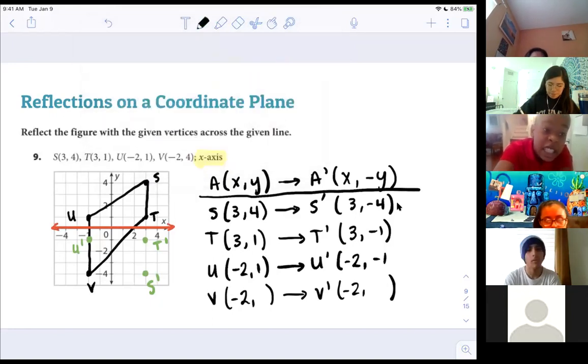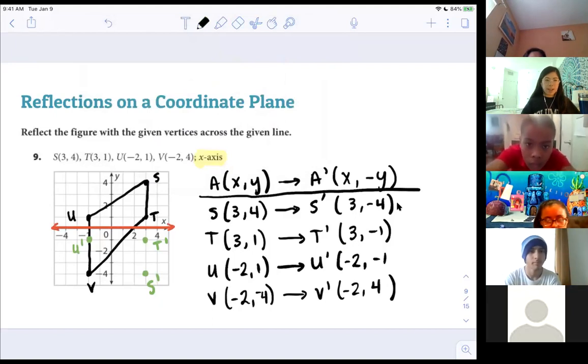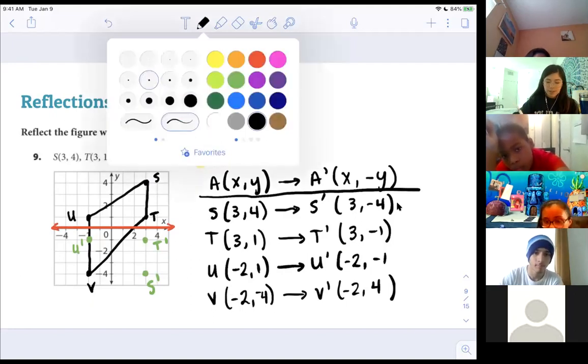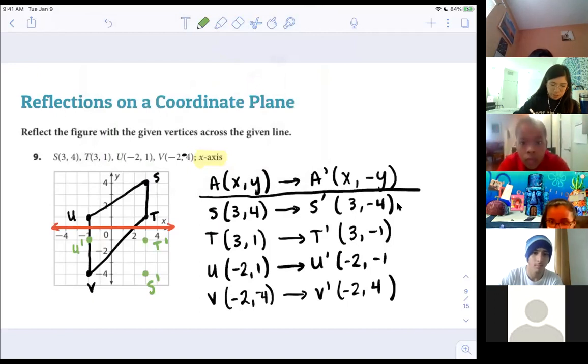I put the V in the wrong place, but I'm going to keep it where it's at and just keep going. Wasn't it a positive the first time? Yeah, it was, and I accidentally put it in the negatives. So this 2 comma 4 ends up here.